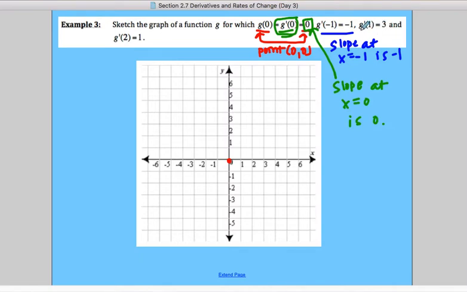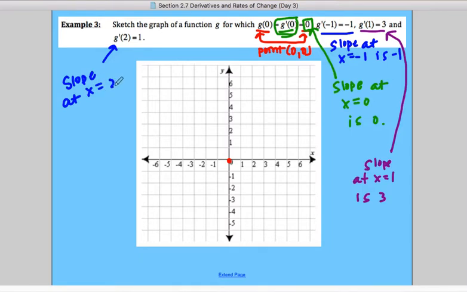This piece, g prime of 1 equals 3, tells me my slope at x equals 1 is 3. And then lastly, g prime of 2, my slope at x equals 2, is 1.